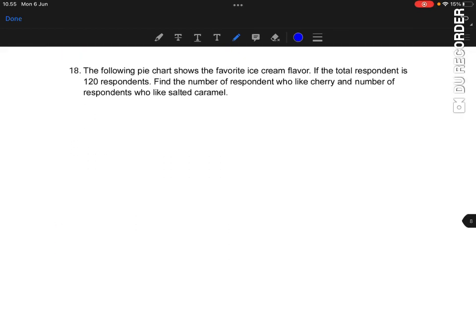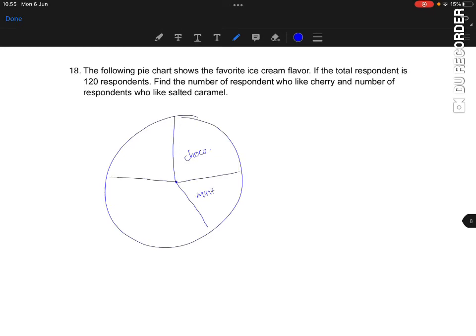The following pie chart shows the favorite ice cream flavor. Okay, I think it's not finished yet. I'm going to make a pie chart here. Alright, this one is chocolate, this one is mint, this one is green tea, we have salted caramel.